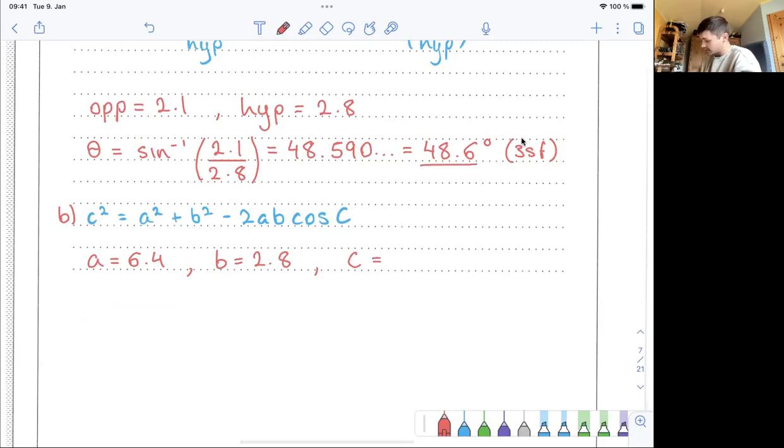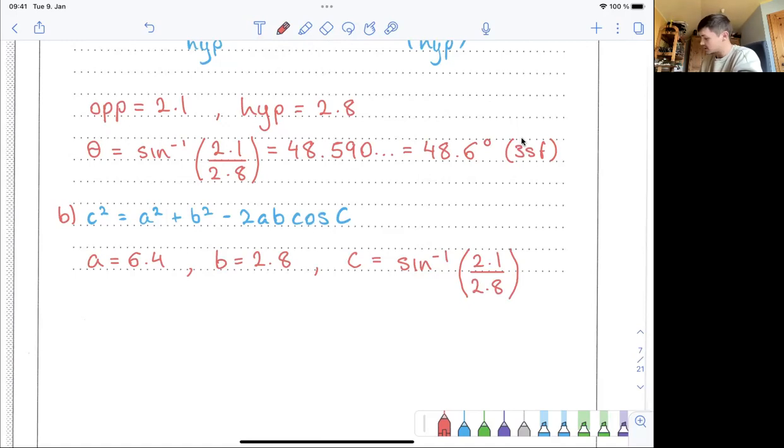Now we can use this 48.6, though this is a rounded number. So to avoid what some people call premature rounding, why don't we use our full expression here for C, for the angle, which is the inverse sine of 2.1 over 2.8.